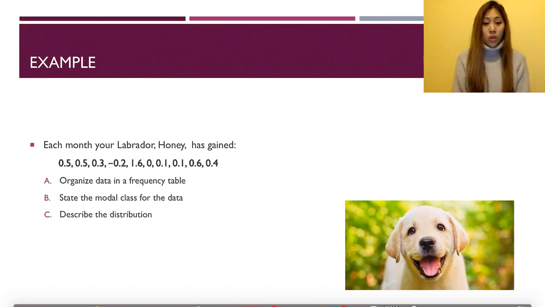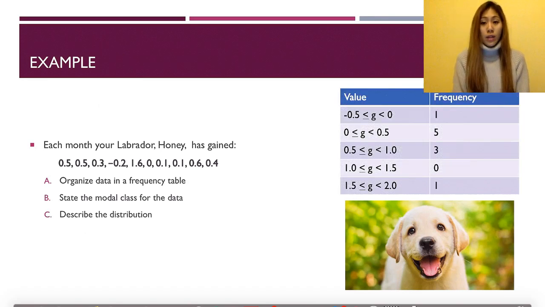Okay, so most likely you should have used a frequency table that is continuous, meaning that you get to decide your range of values. The reason why it's continuous is so that it's easier for you to graph it.